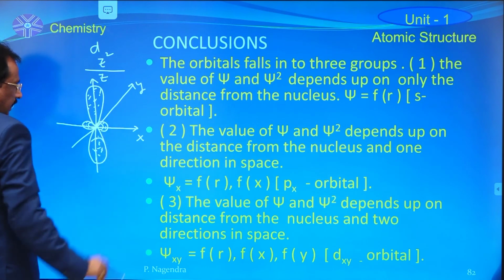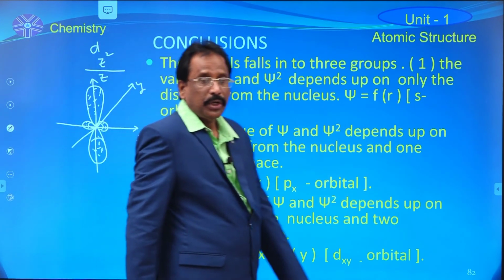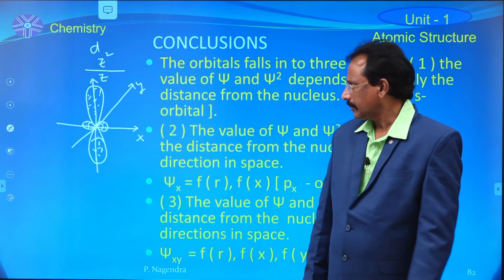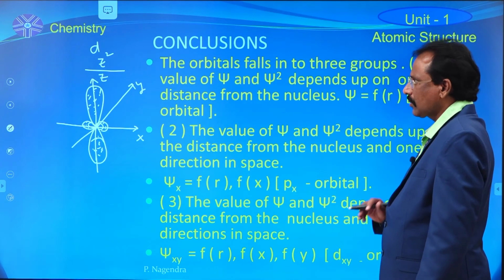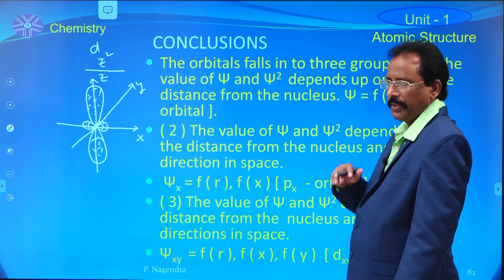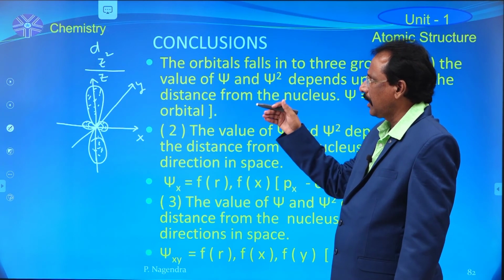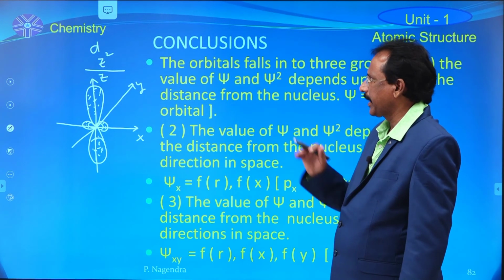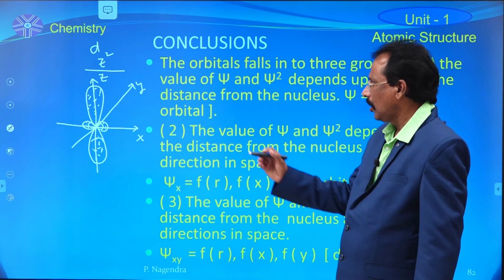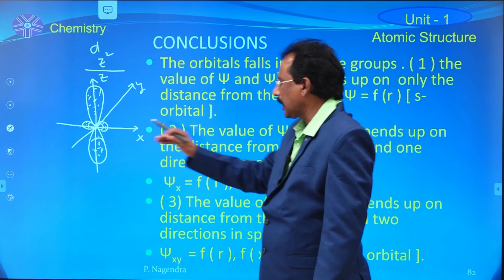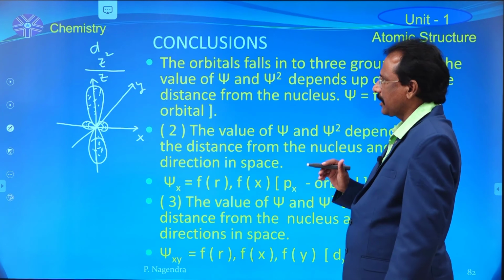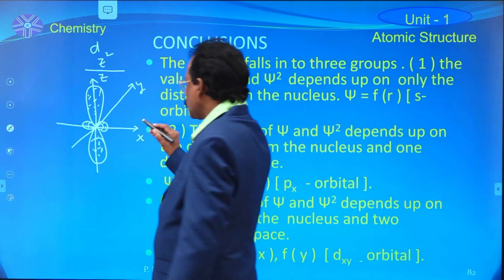That means it has a very peculiar shape. In dx square minus y square, the peculiarity is the lobes are concentrated along x and y. But in dz square orbital, 2 larger lobes are concentrated along z axis with a small smoke ring.